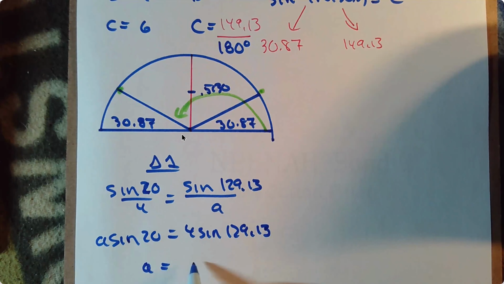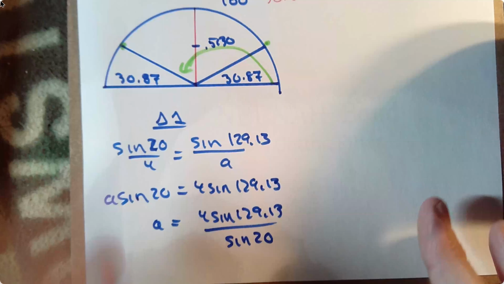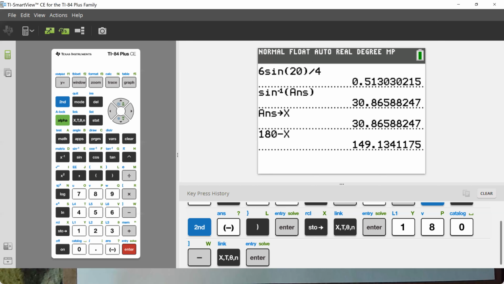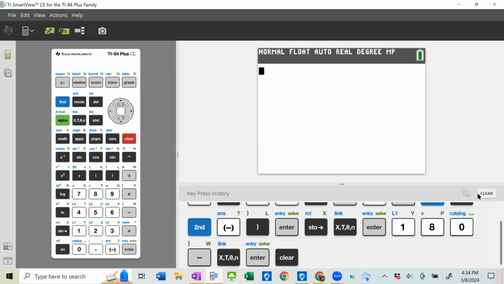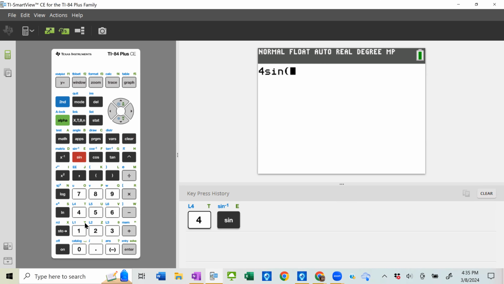Dividing both sides by sine of 20, that gives me A. And let's figure out exactly what A is in this particular case. Let me clear out some stuff here. I had 4 sine of 129.13.